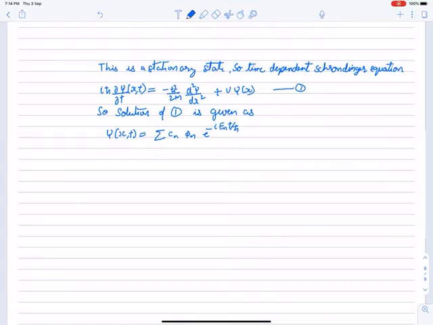So the particular solution of this type of time dependent equation is this.